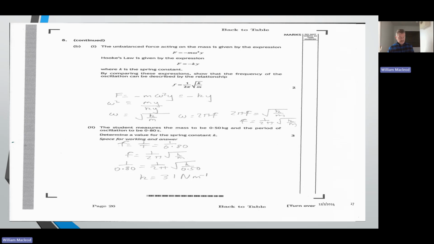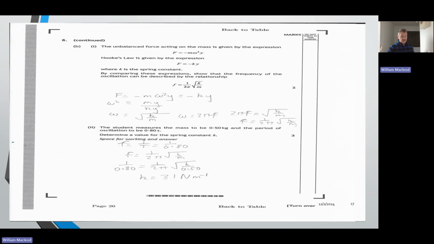You've got the frequency is 1 over the period. So the period is 0.8, so you can work out the frequency. So you know the frequency and you know the mass. So you put in all those values into the equation and you end up with k being 31 newtons per meter.